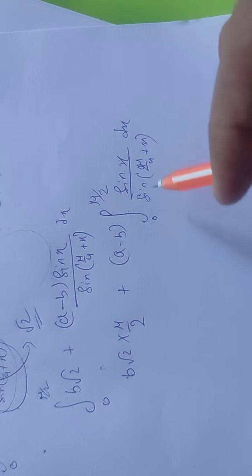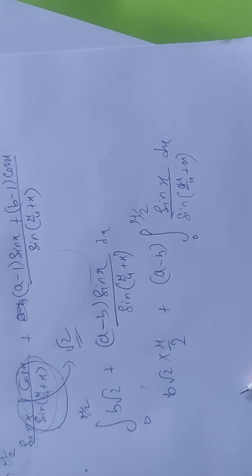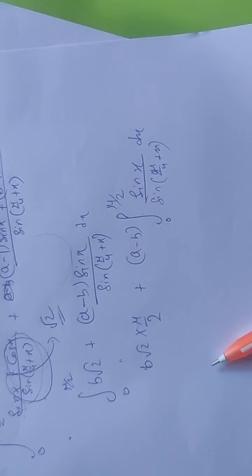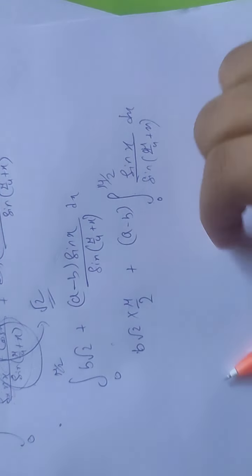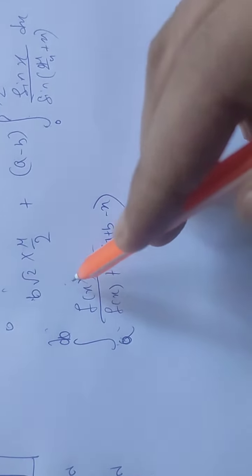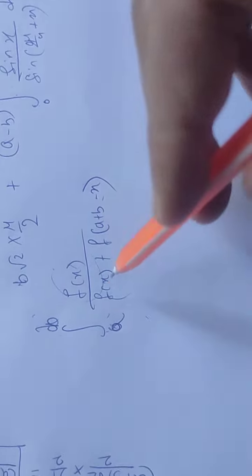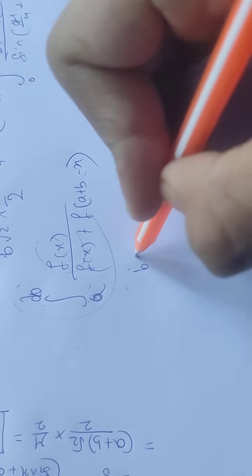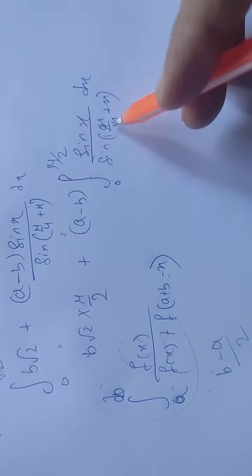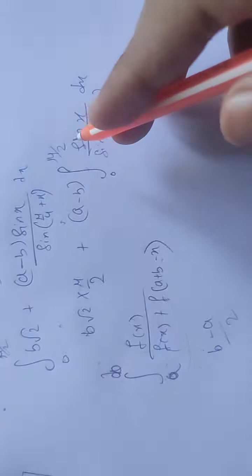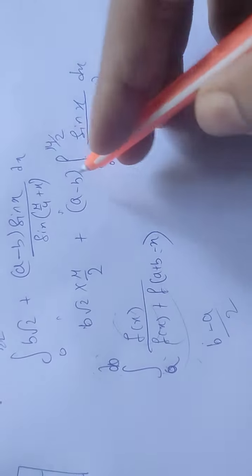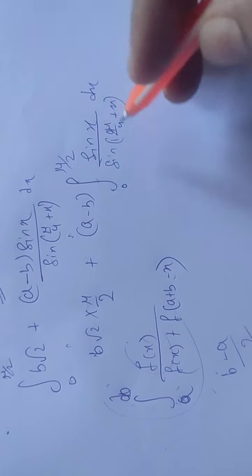Now you can easily open it down, and the root 2 will come out, and the expression would turn to sin x upon sin x plus cos x. As you know the property, if there is a function from a to b, f of x plus f of a plus b minus x, this integral will turn to b minus a by 2. Similarly here, root 2 will come out, in the denominator sin x plus cos x would remain, and sin of pi by 2 minus x becomes cos x, right?